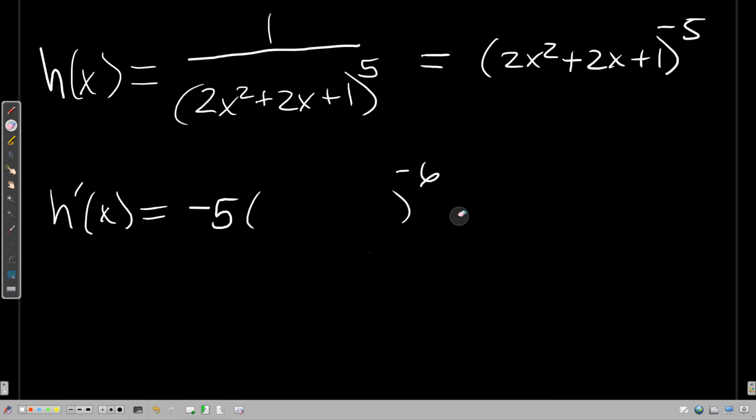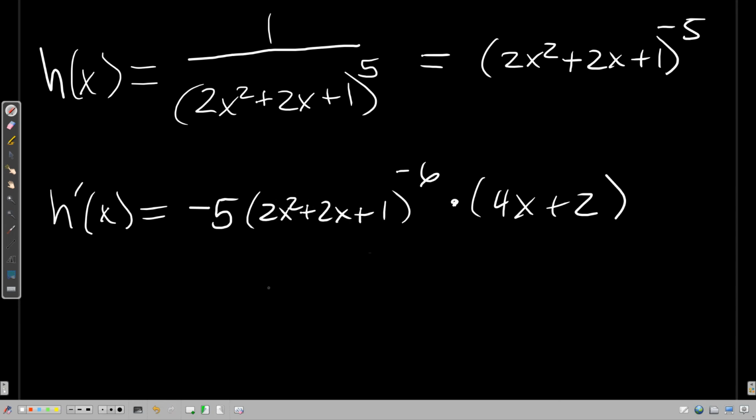So there's our first derivative, and then it's times this other derivative, which is what? 4x plus 2. And what goes right in here? It goes 2x squared plus 2x plus 1. We're done. That is our solution.